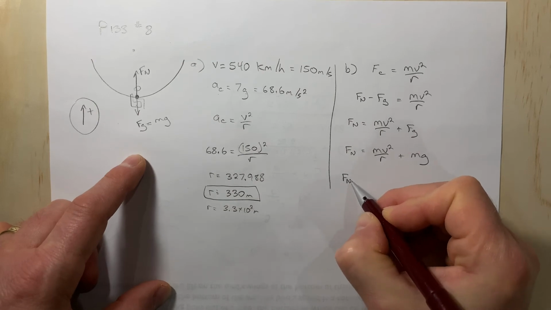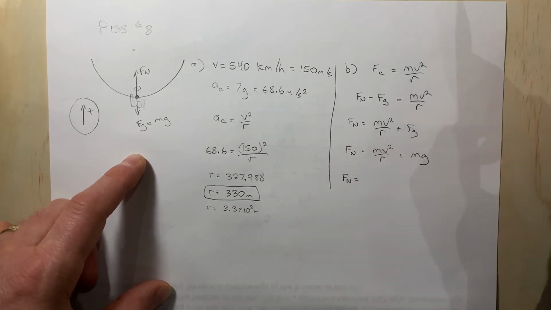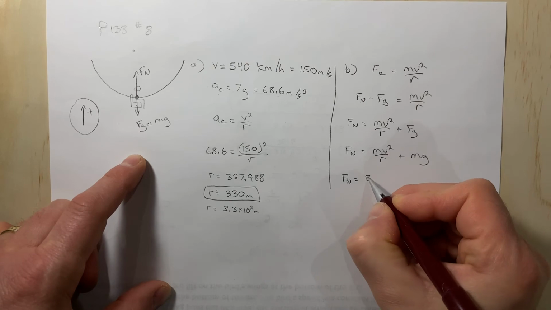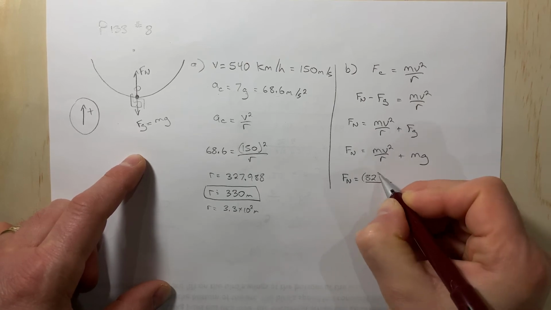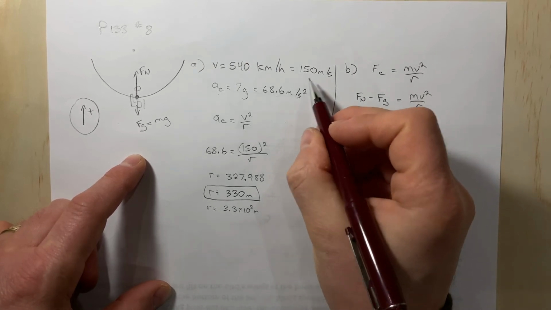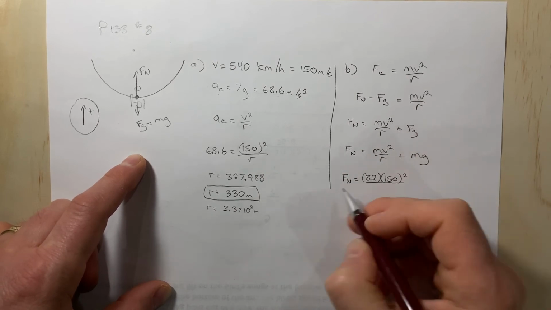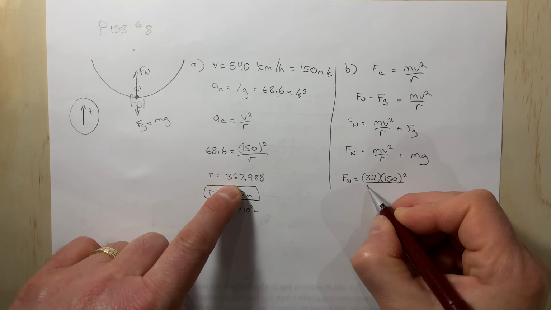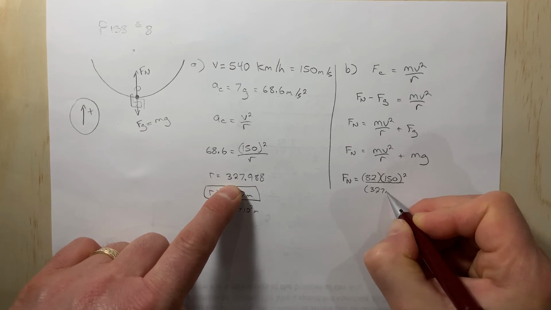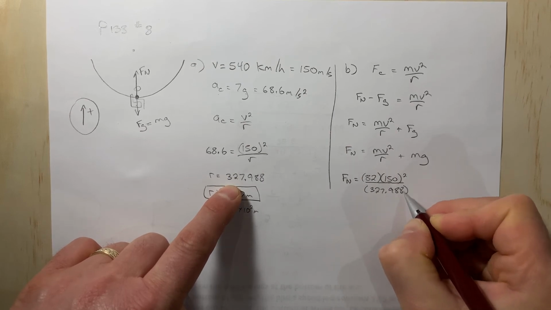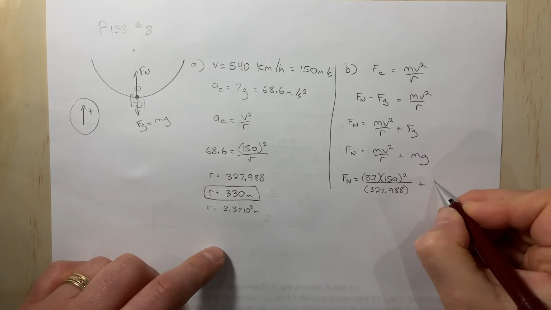We figured out all these numbers. The mass of this pilot is 82 kilograms. V is 150. R, I'm going to use this unrounded, so R is 327.988. You can keep more decimals if you've got them.